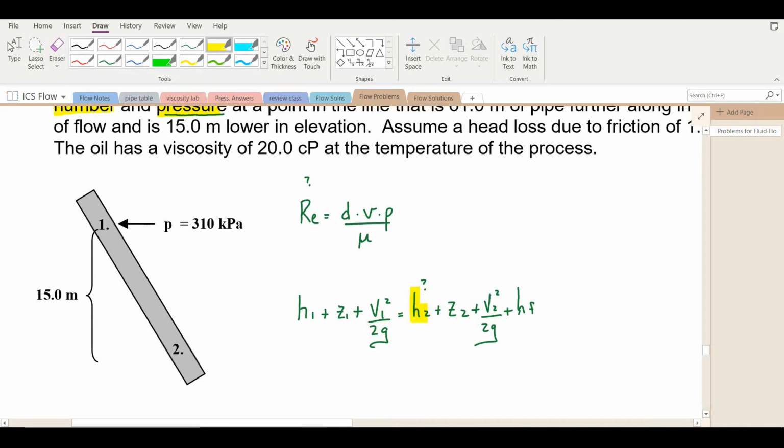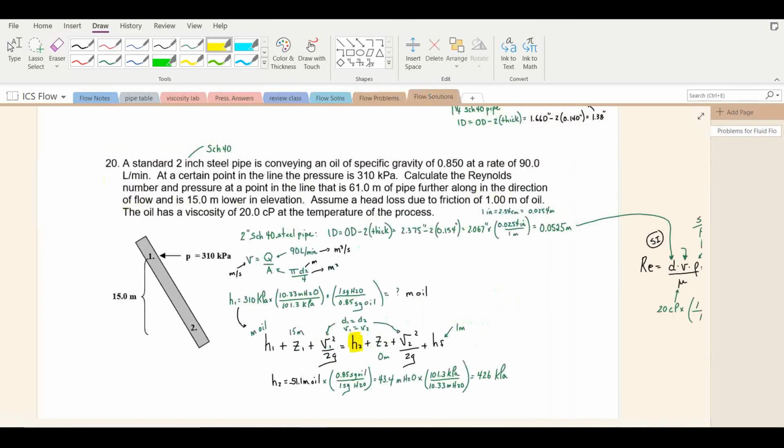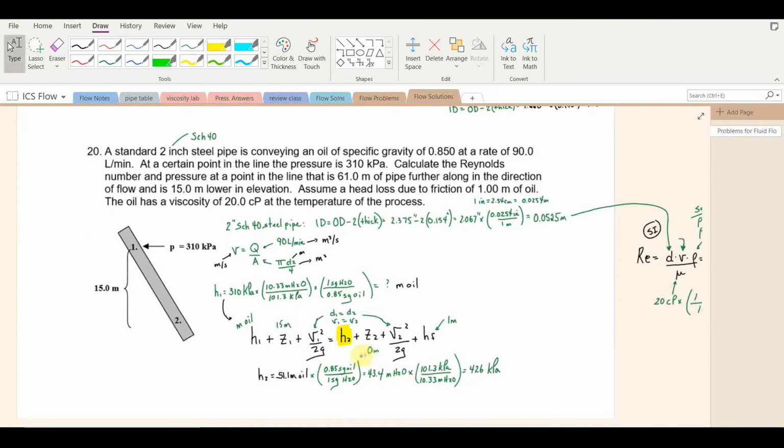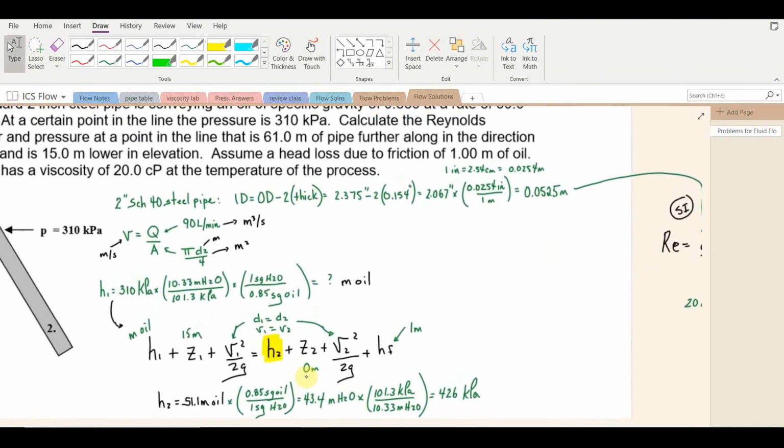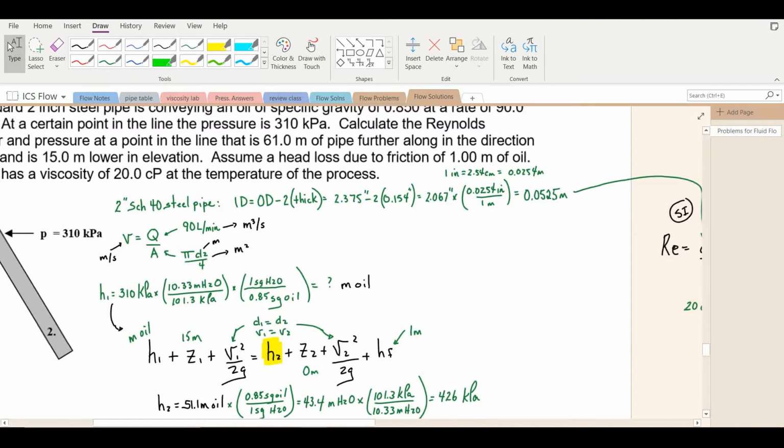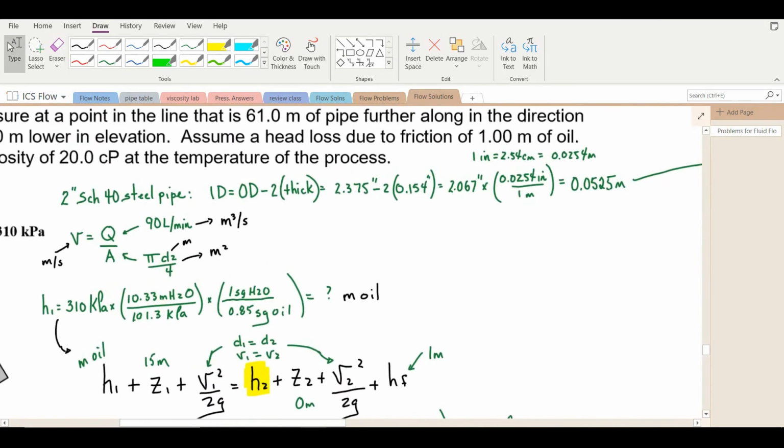So let's tackle that one. I started by calculating the diameter because we're going to need it for our Reynolds number as well as our Bernoulli's equation. So we're told we have a 2-inch schedule 40 steel pipe, and again I worked this one out for you.